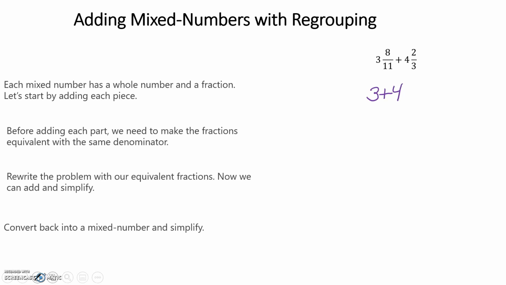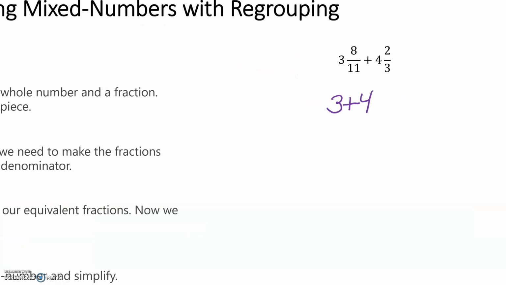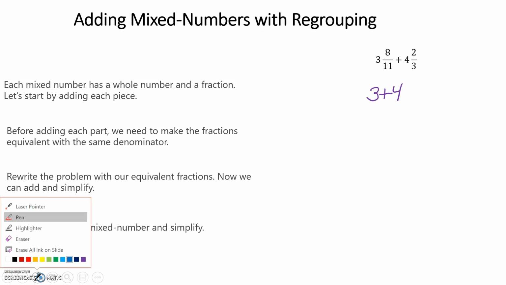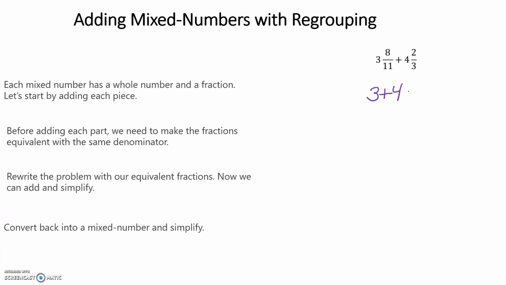Okay, and then I'm going to add my fractions, plus 8/11 plus 2/3. The good thing with addition is that order does not matter. That's the associative property of addition.